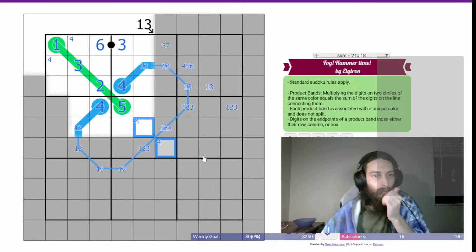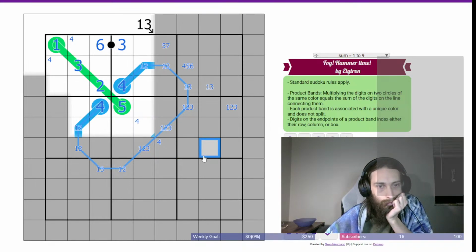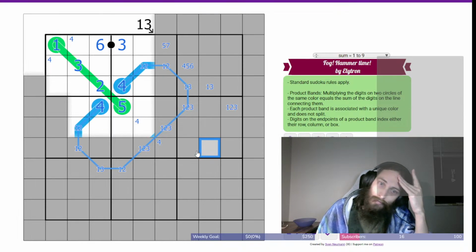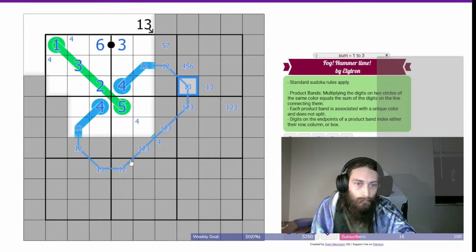Now, 4 in here has to be one of those two. Sum to 10.